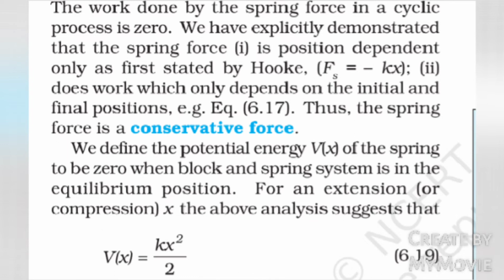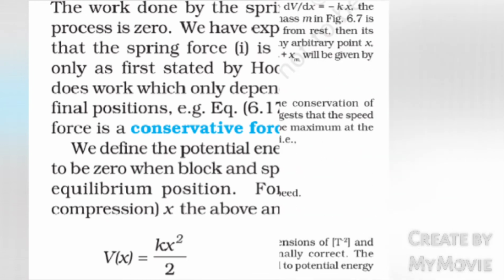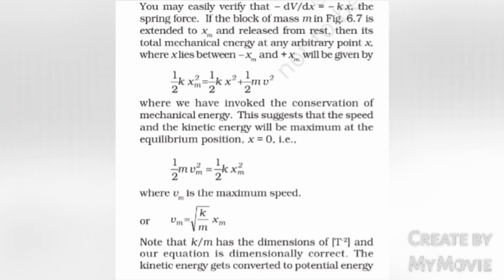We define the potential energy V of x of the spring to be 0 when the block and spring system is in the equilibrium position. For an extension or compression x, the above analysis suggests that V of x equals kx square by 2. You may easily verify that minus dV by dx equals minus kx, the spring force.